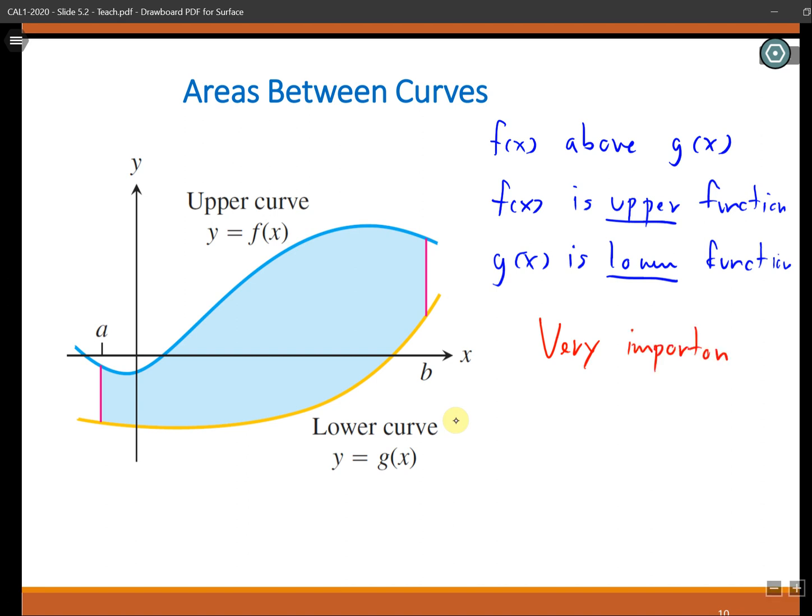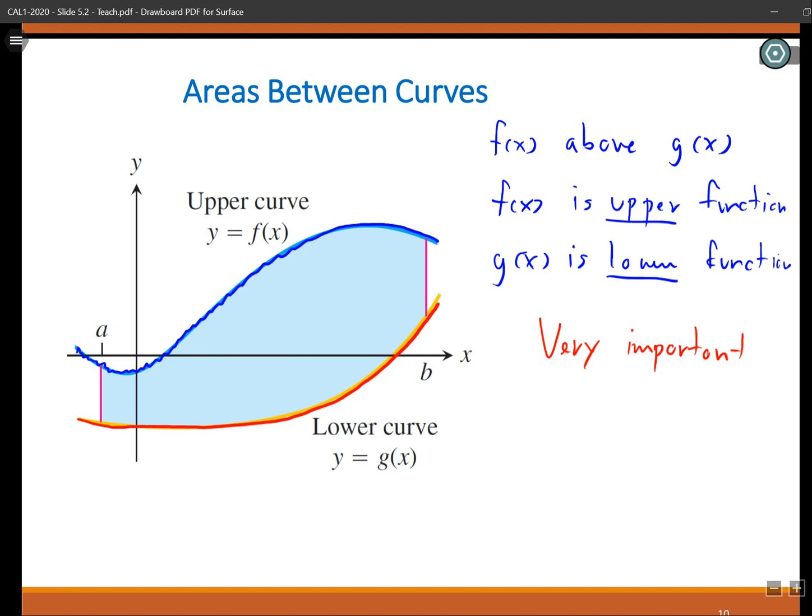How do we know which one is above, which one is lower? You have to plot them. So the best way to solve the area between two curves, the first thing you should do is plot them. For example, in this case, if you have f(x), just plot them. Let's imagine that we have this f(x) up here, and then another function down here.